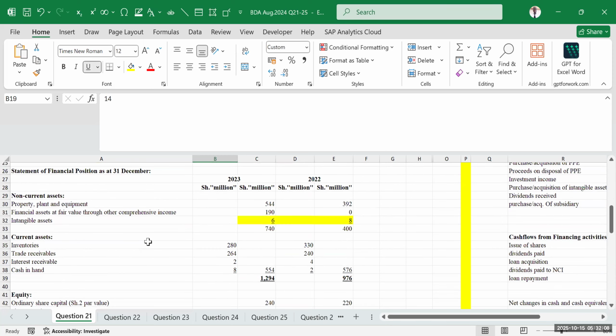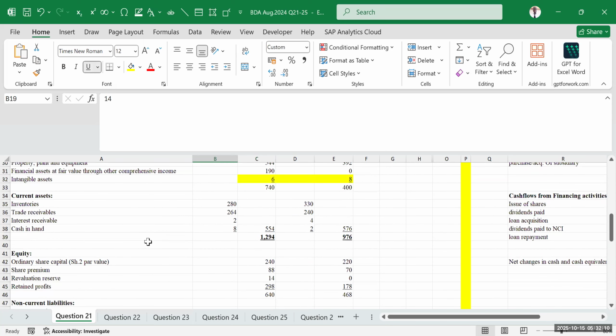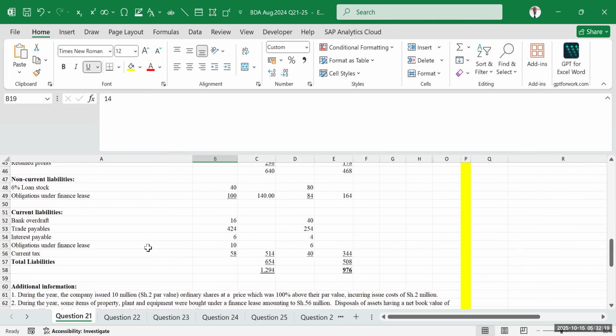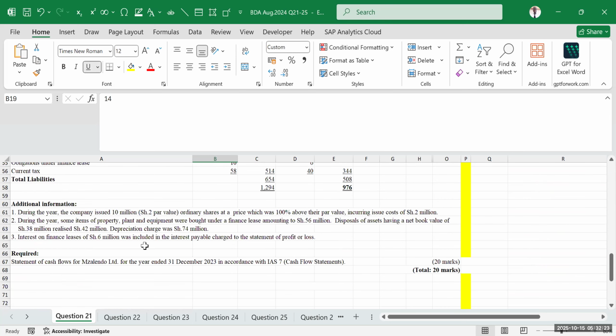And I would want us to check this finance lease line, and we see what is the movement in the obligations under finance lease.